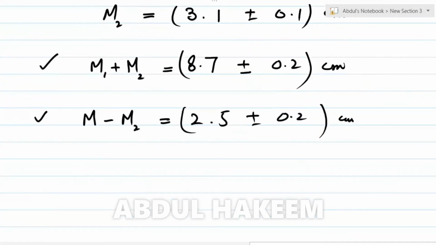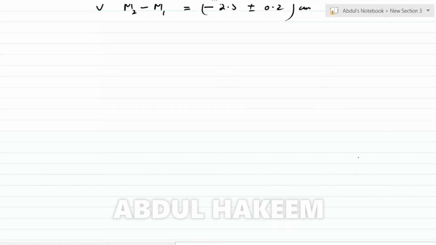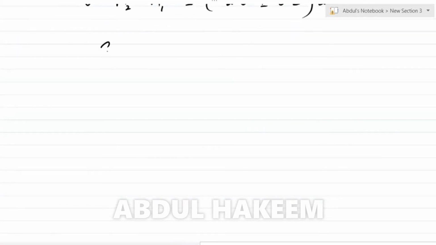And if the question is calculate M2 minus M1, then the answer will be minus 2.5 plus minus 0.2 centimeter. Okay, before moving to group 2, we have to learn about the significant figures.